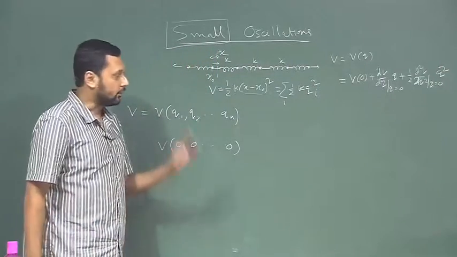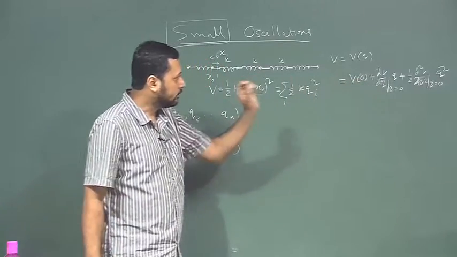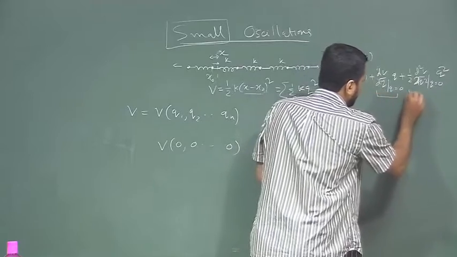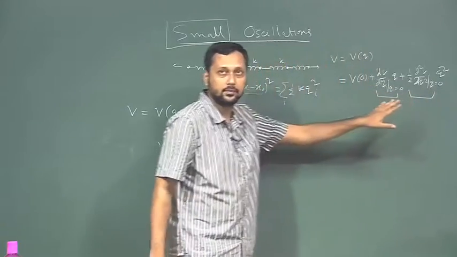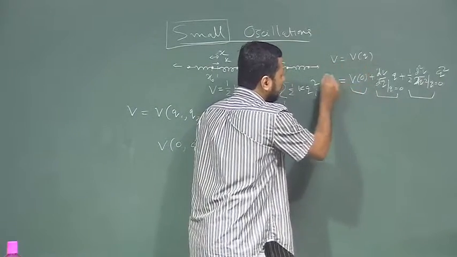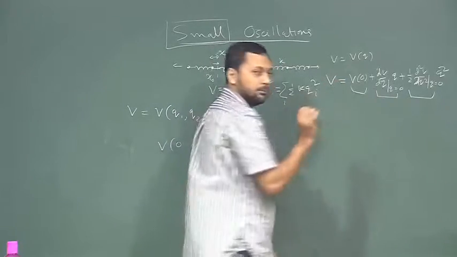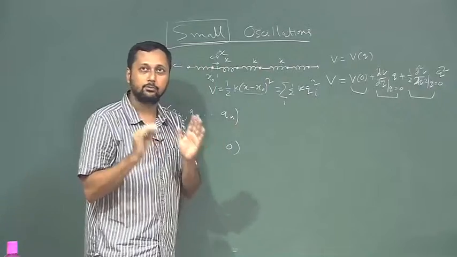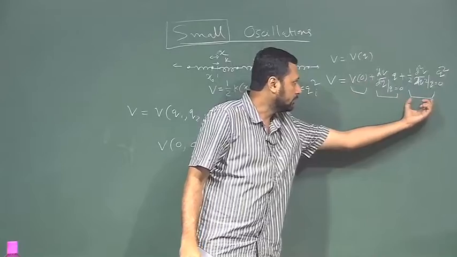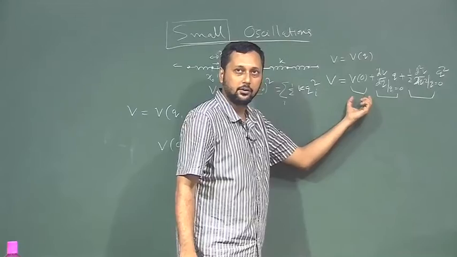The concept is that we try to compare each of these terms with the first term, V(0), the initial value. The measure of smallness is how small each term is compared to the zeroth order term.